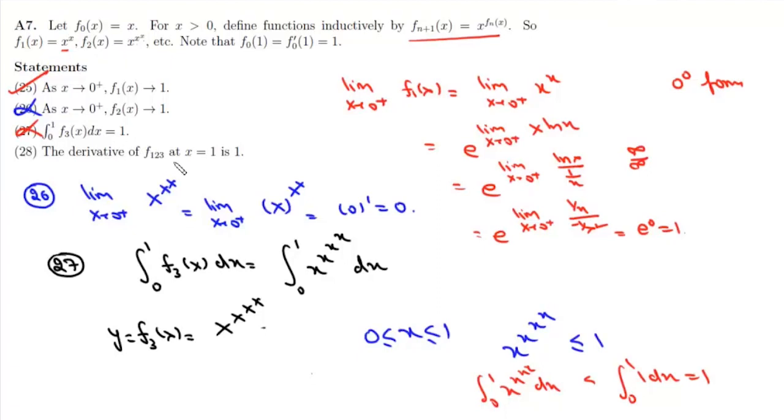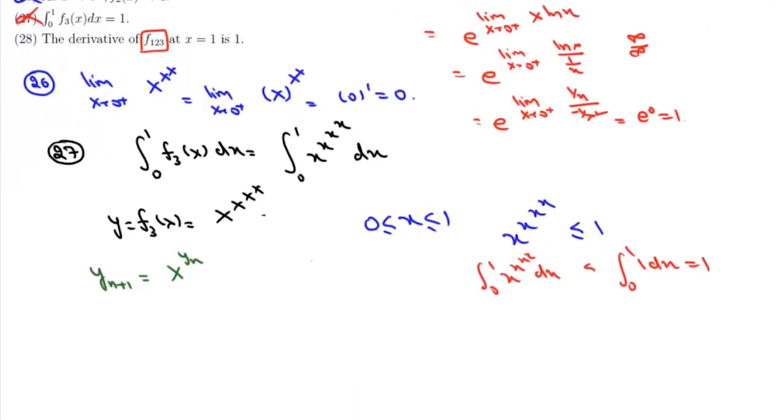Now this 28 is derivative of f123 at x equals 1. Now here we are given that f_{n+1}(x) equals x to the power f_n(x). So basically y_{n+1} is equal to x to the power y_n, and if we take log and differentiate, we can write this as log y_{n+1} is y_n log x.